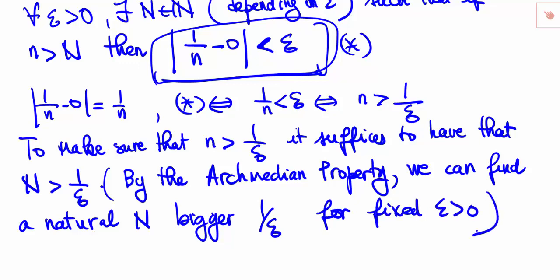So because of the Archimedean property, we can choose N to be sufficiently large, and as long as n is big enough, we'll achieve our bound.